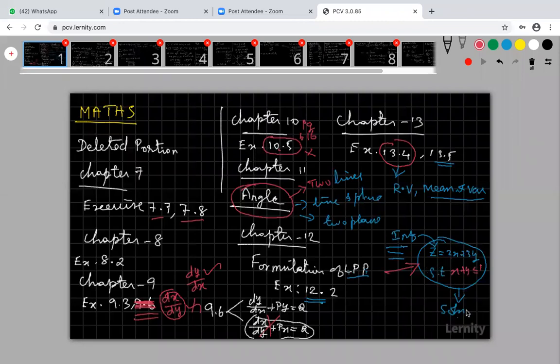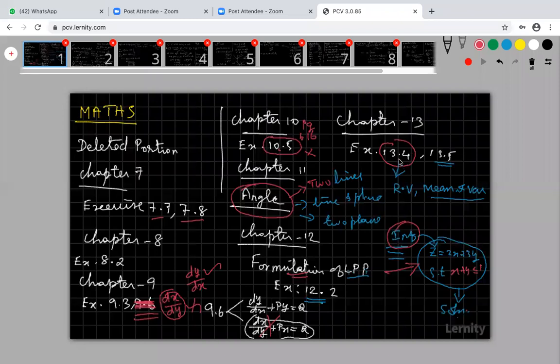Solving an LPP problem is in our syllabus. But when a theoretical word problem is given, we have to convert that word problem to a mathematical problem. That conversion is not there. That conversion, 12.2, is eliminated.